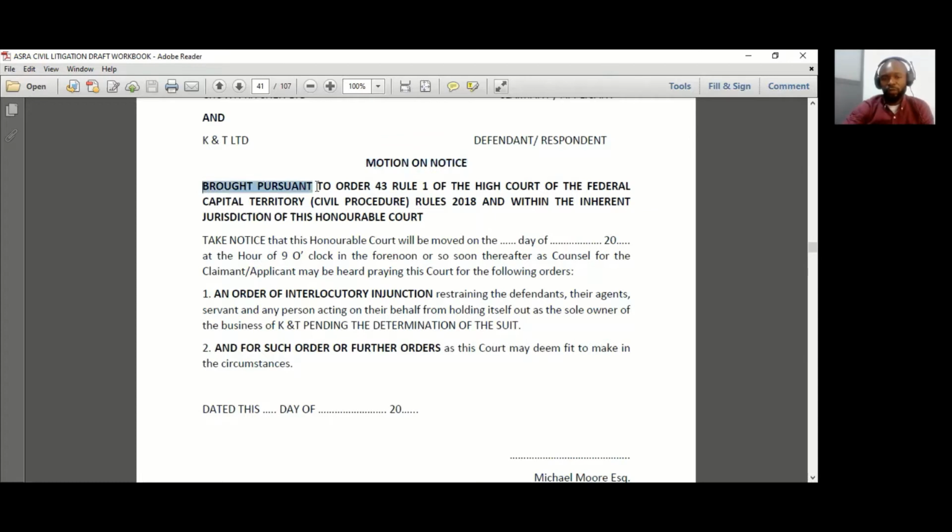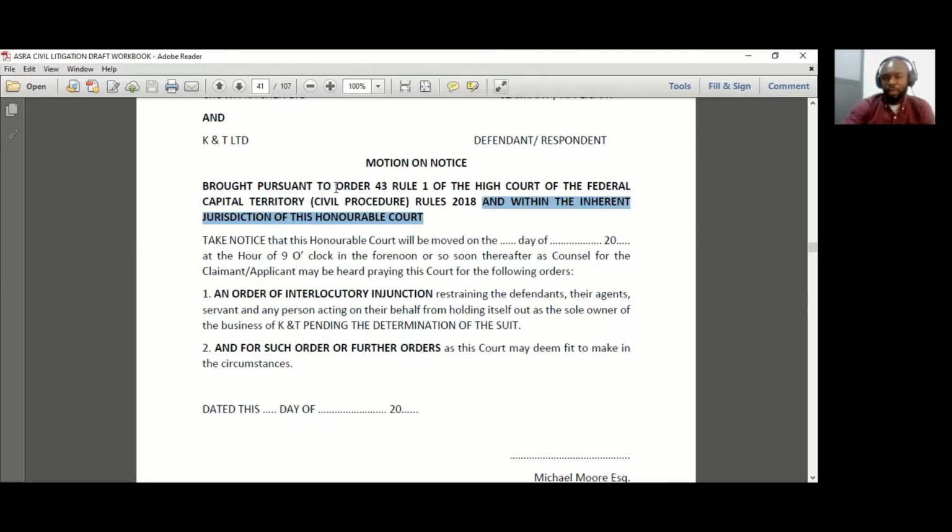So it says brought pursuant to Order 43 Rule 1 of the High Court of the Federal Capital Territory Civil Procedure Rules 2018. If it were in Lagos State, it would say the High Court of Lagos State Civil Procedure Rules. And then it will also go on and say, and under the inherent jurisdiction of this honorable court, basically just stating that it is also within the authority of the court to hear the application that's being made.